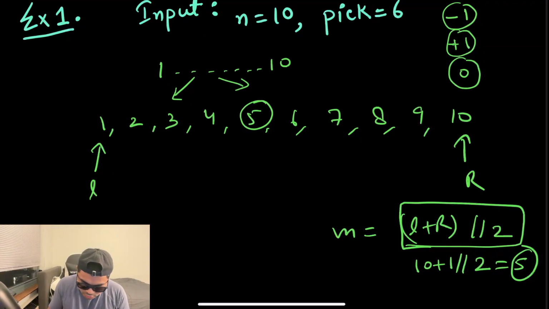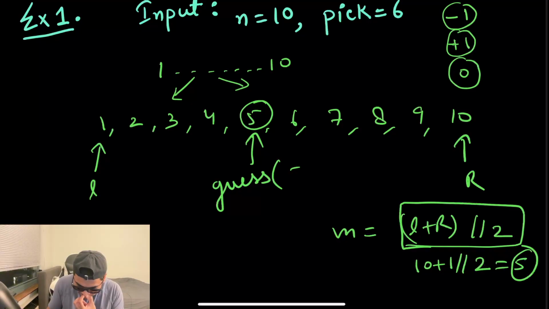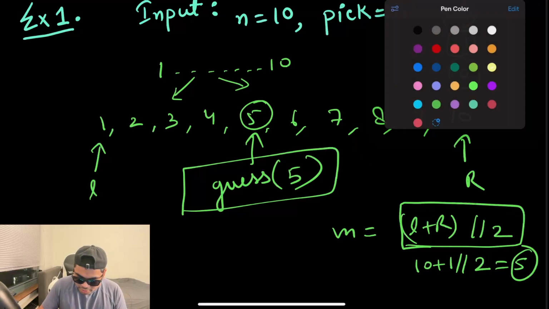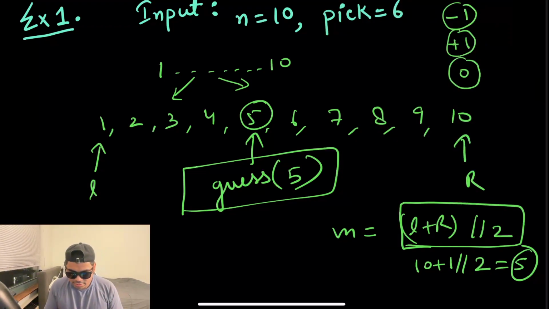We're gonna send this to our guess API like this. Then this will return us either of these numbers, right? But you can tell, since this number is already basically lower than our guess, it's gonna return us 1.